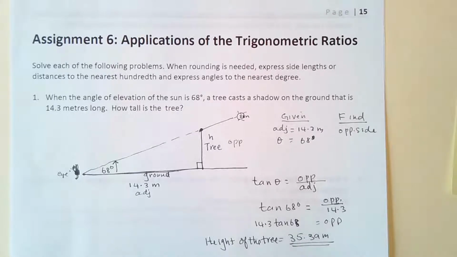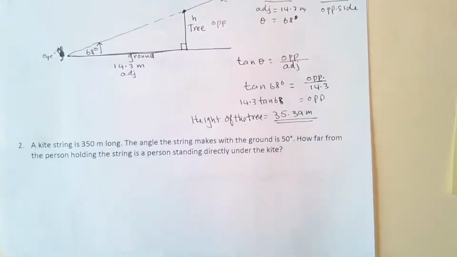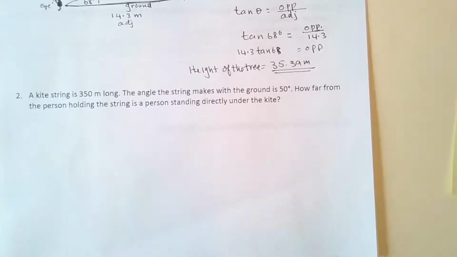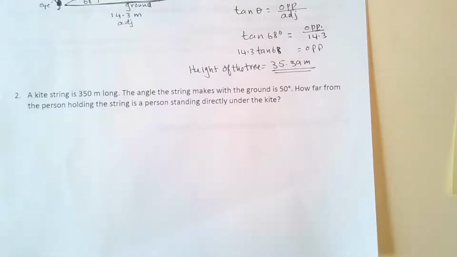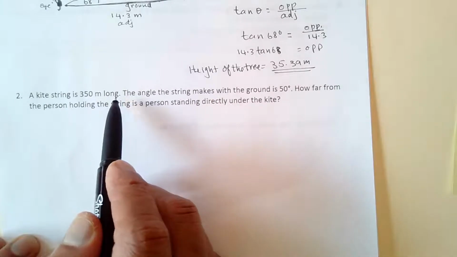Okay, so let's go on to question 2. And this question referred to a kite. And it's obviously flying in this question here. But the string of the kite is 350 meters long.